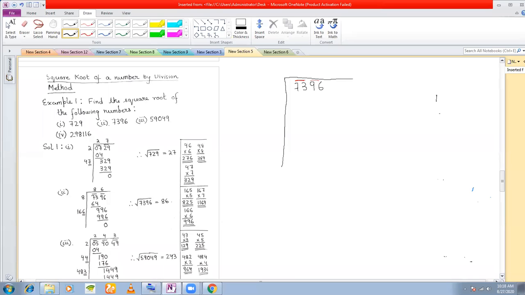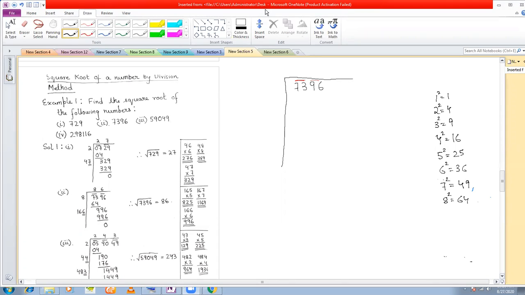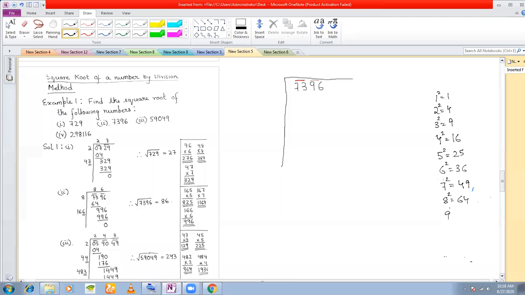You have 1 square equal to 1, 2 square equal to 4, 3 square equal to 9, 4 square equal to 16, 5 square equal to 25, 6 square equal to 36, 7 square equal to 49, 8 square equal to 64, 9 square equal to 81.